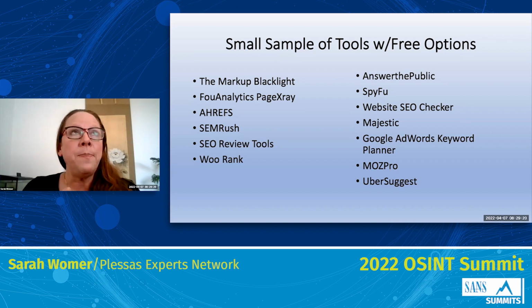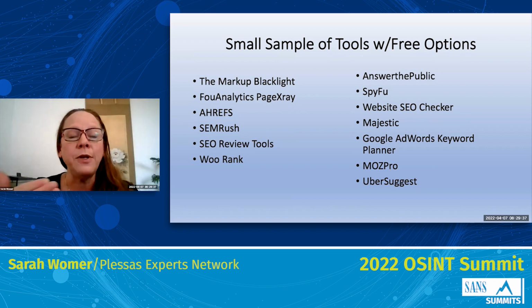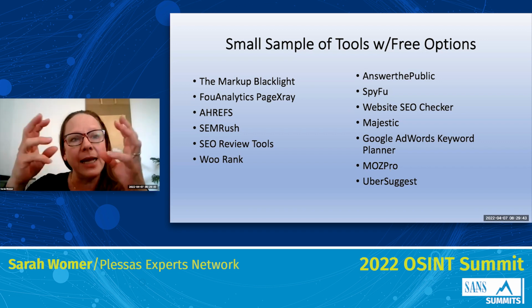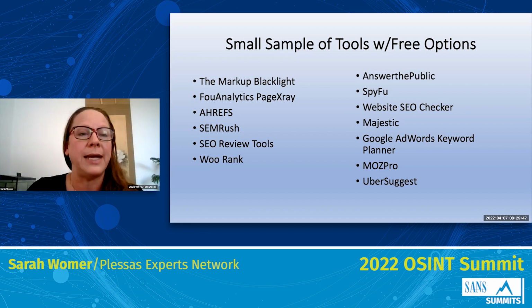So if you're doing research, for example, on a particular country, you might not want to use a company from that country if that SEO tool has any kind of relationship with that government. You might want to choose a different SEO tool instead. So it's helpful to look at which tool you're using to see if it fits not just your plan as far as what kind of data, but also your security plan.